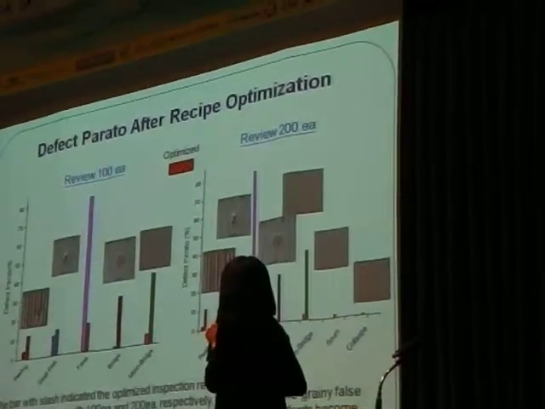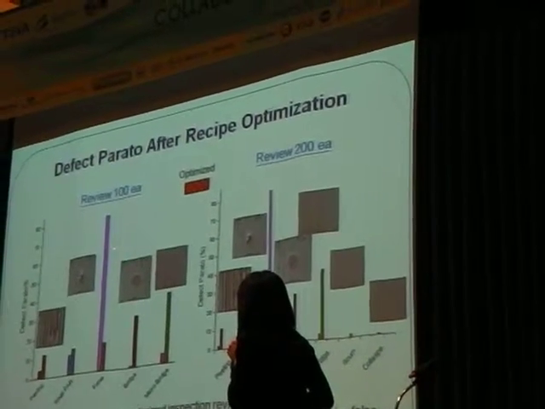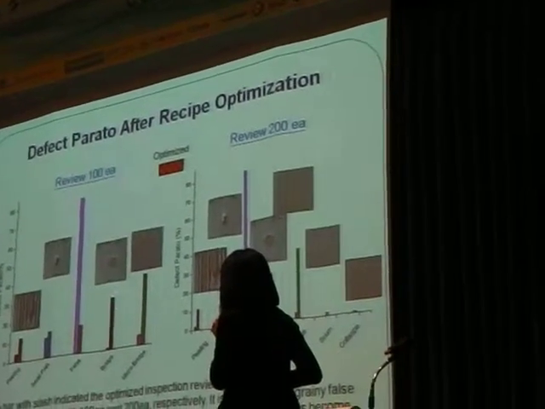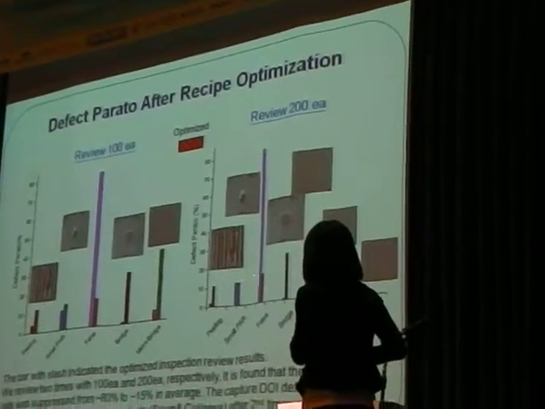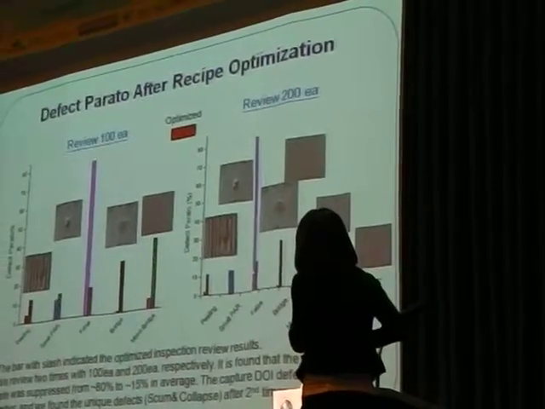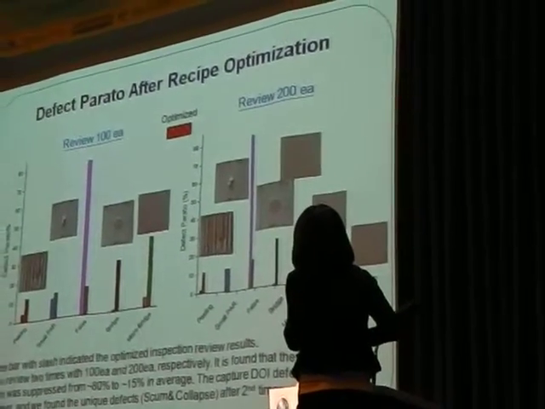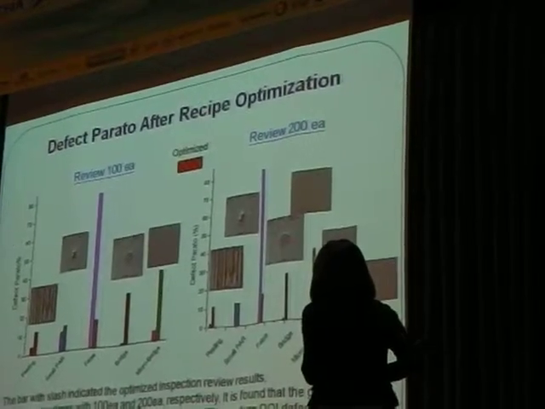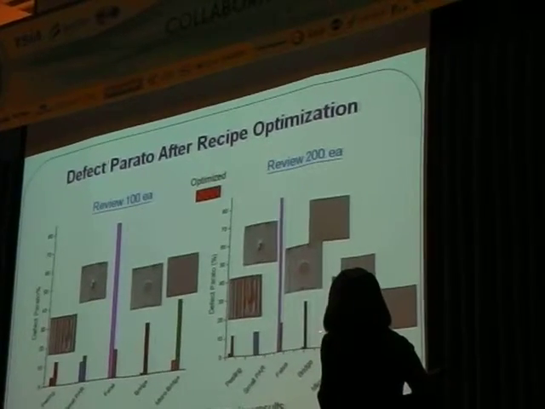And the defect Pareto after recipe optimization: the bar without the slash is the low sensitivity review result, and the bar with the slash is the optimized review result. And we can see here, with the scum and the collapse, the nuisance is reduced from 80% to 15% on average. And here we can see the scum and collapse are the new unique defects from the optimized recipe.